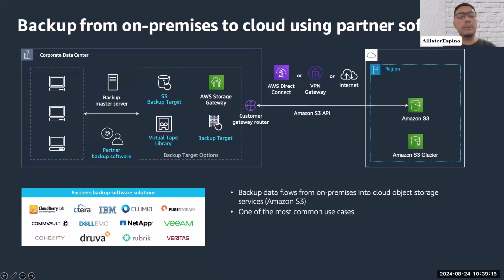But if you want more secure connectivity, there's also Direct Connect, which we described earlier. It is a physical dedicated network, so it's not using the public internet for you to connect directly to the cloud. Or another option, in case you don't really need Direct Connect, you can opt for a site-to-site VPN over the overlay of the internet. So that's for backup.